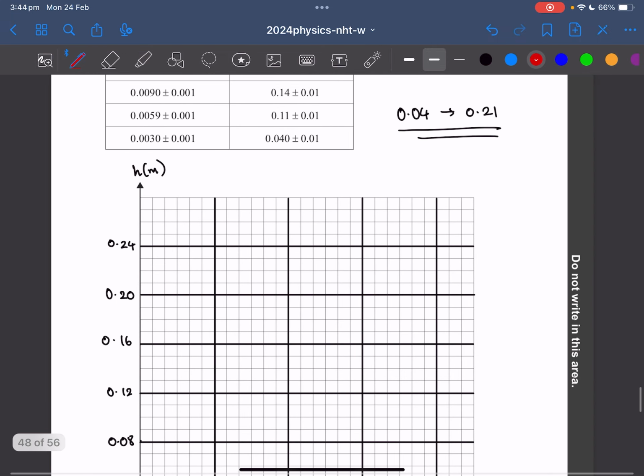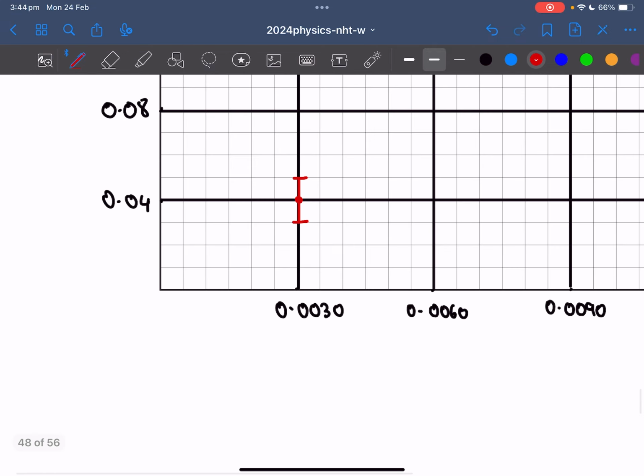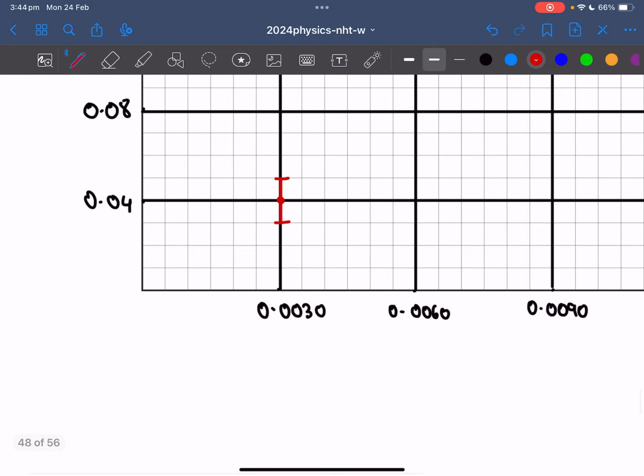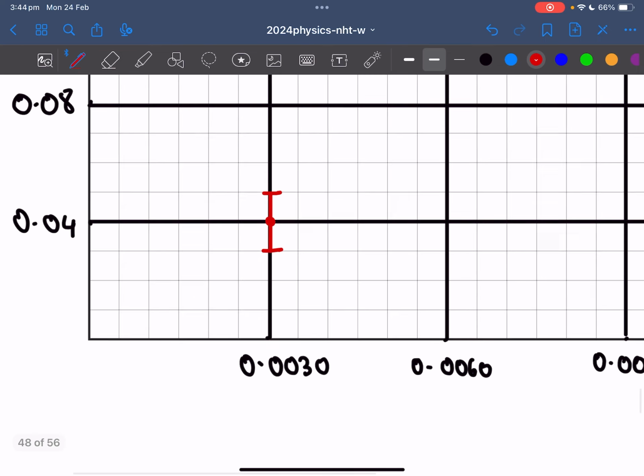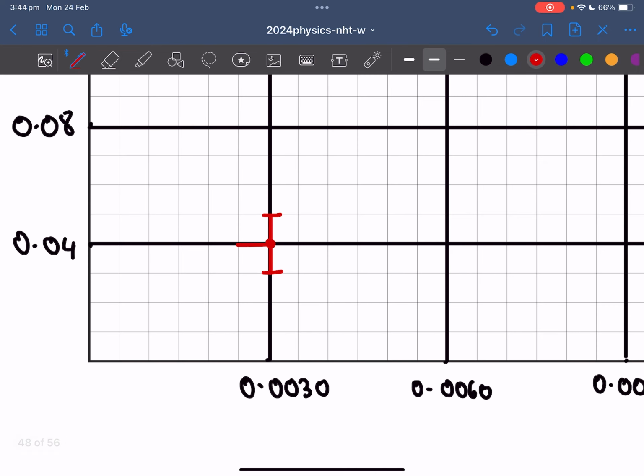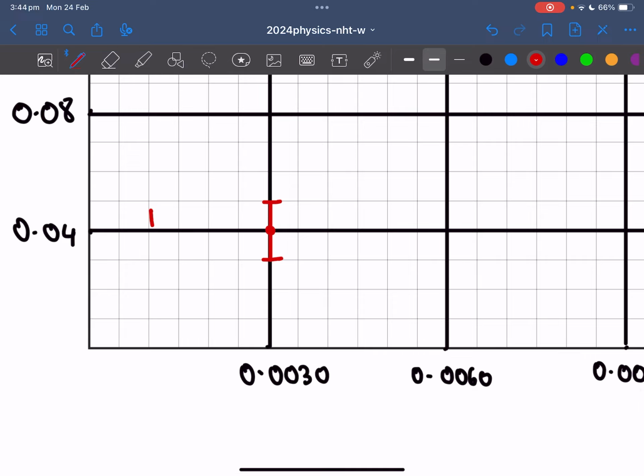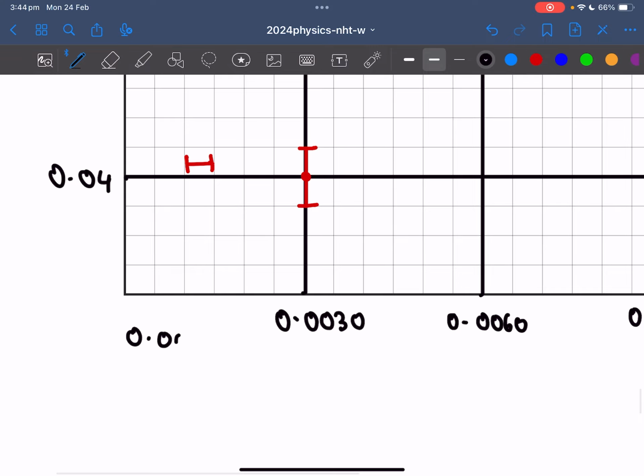And here we'll have 0.0001. Okay, so we have divided into 6, right? 0.0030 divided by 6. Okay, so this gap over here is going to be 0.0005.